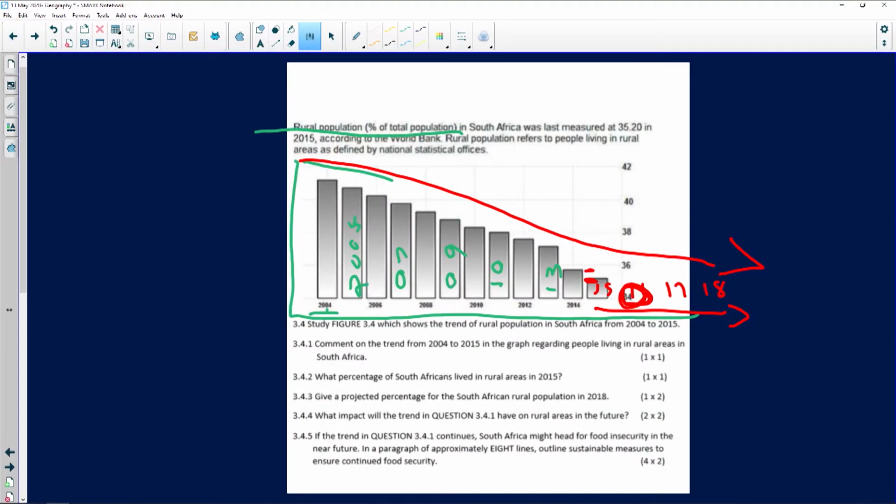So the projection, by just looking at our graph, will probably be less than 34, because every single year you can see a quarter of this graph shrinking. Now 2015, 2016, 2017, definitely less than 34%.